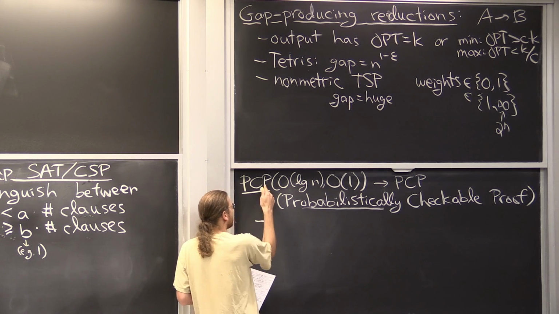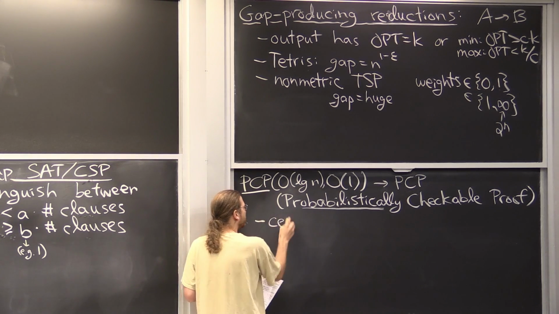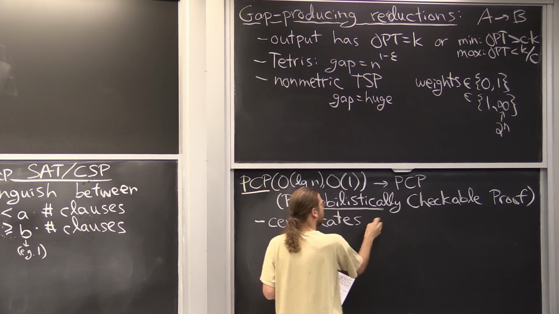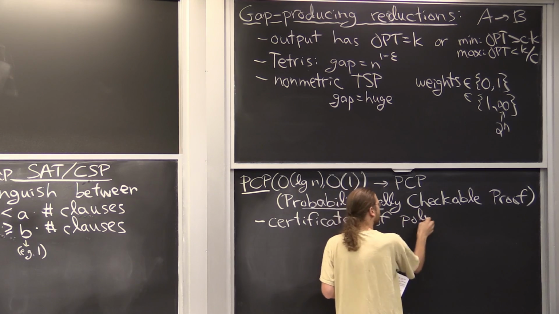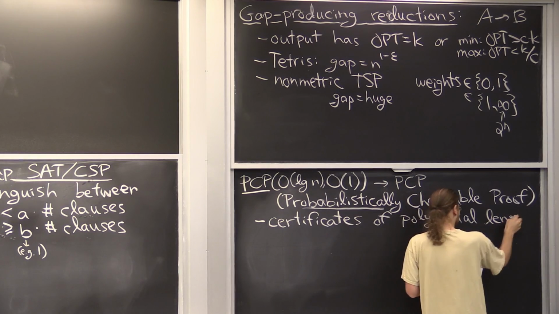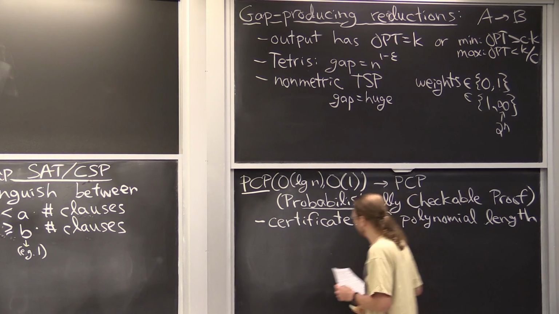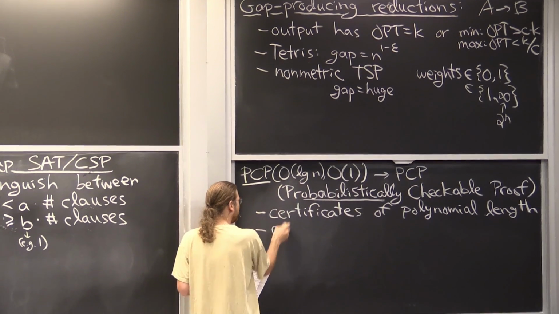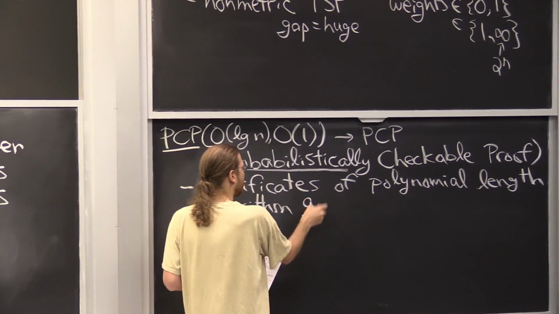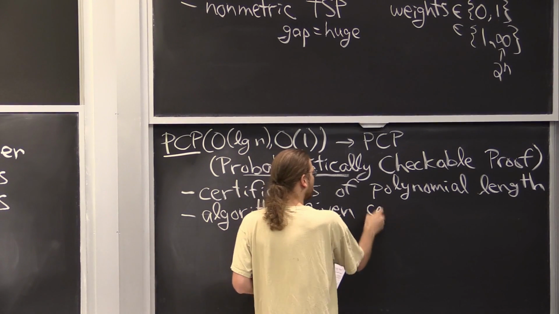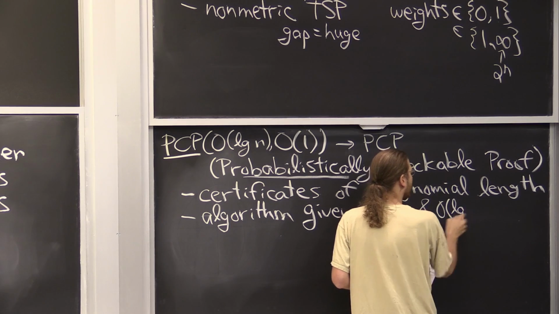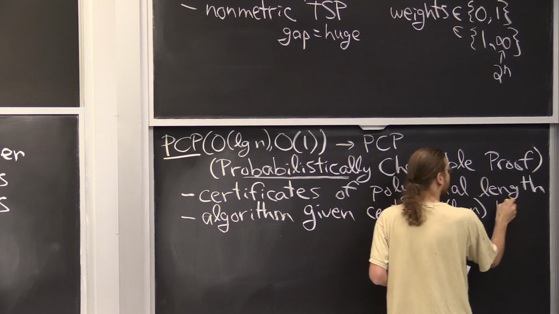So in general, a problem in PCP has certificates of polynomial length, just like NP. And we have an algorithm for checking certificates, which is given a certificate, and it's given order log n bits of randomness.